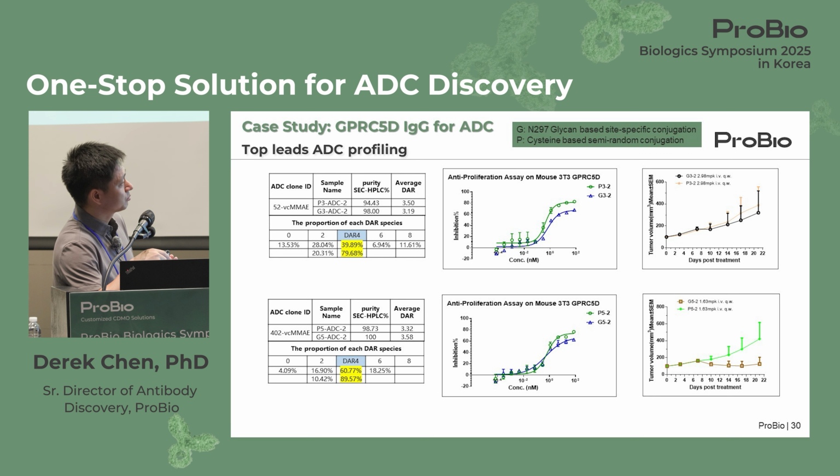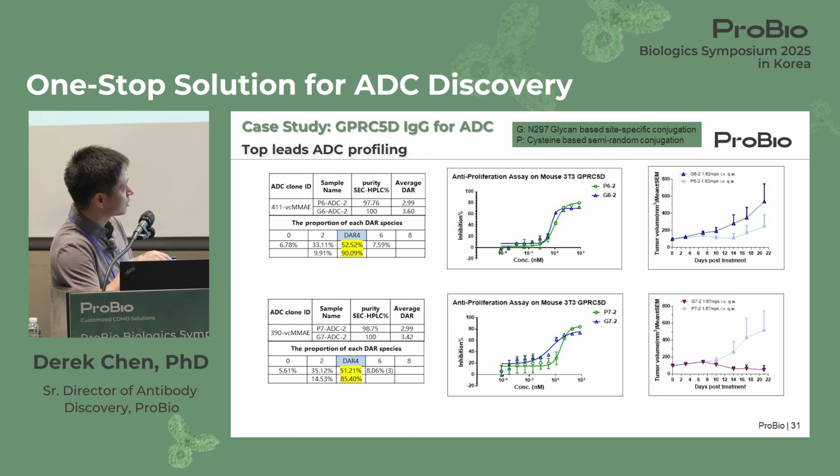We also saw similar profiles with several other candidates, clone 52, clone 402 and clone 390. Similar or worse in vitro killing from the site-specific conjugated samples, but much better tumor inhibition in vivo. But out of these 6 samples, clone 411 showed a reverse pattern.